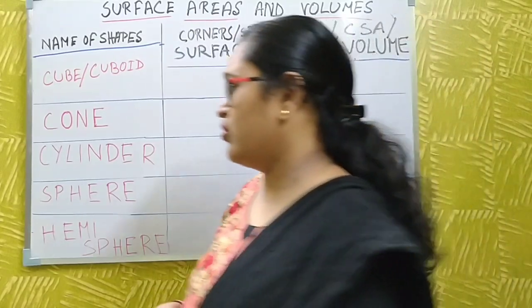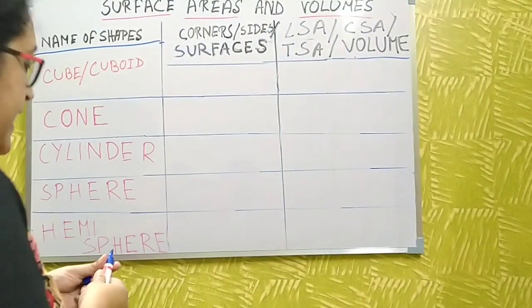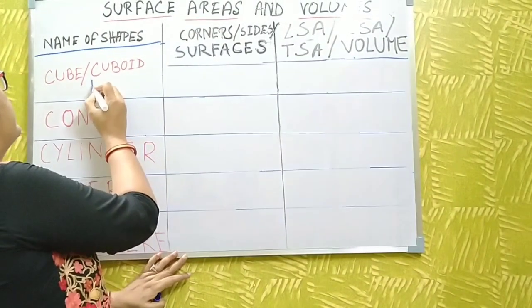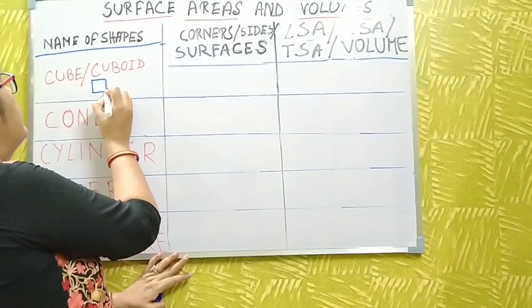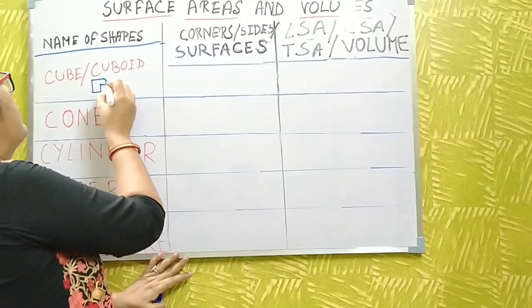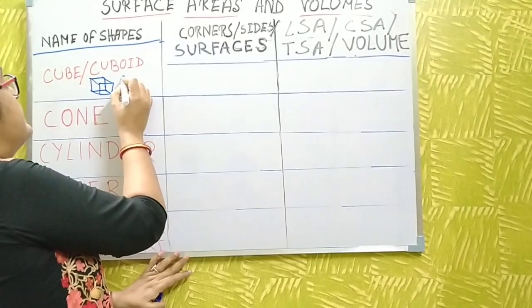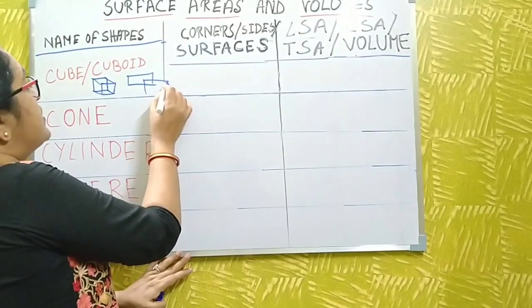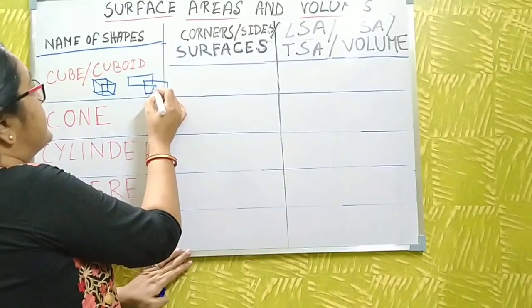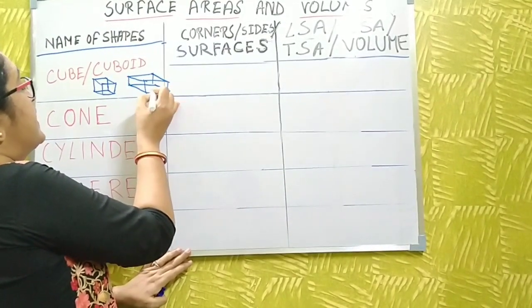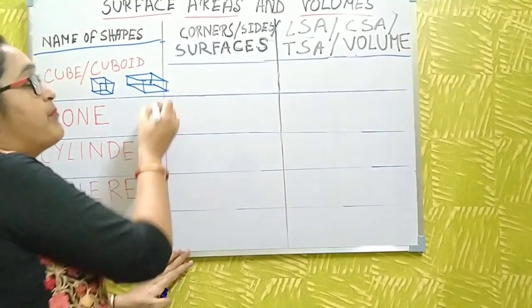Now all of you know what is the figure of a cube. Any idea? Any example of a cube? This is the figure of a cube, and this is the figure of a cuboid.